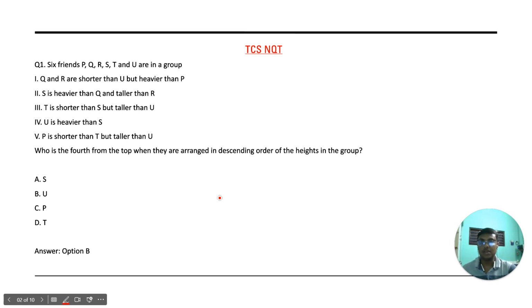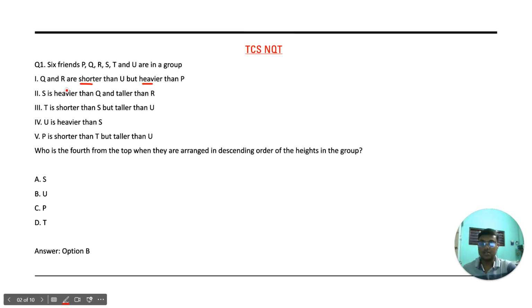Six friends P, Q, R, S, T, and U are in a group. The first statement says Q and R are shorter than U but heavier than P. So here two things are to be noted, shorter and heavier. There are two parameters that we need to tackle.